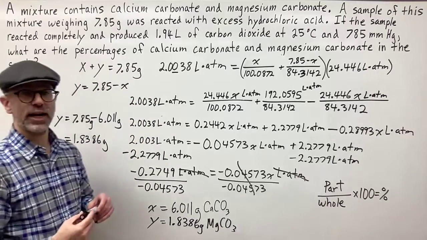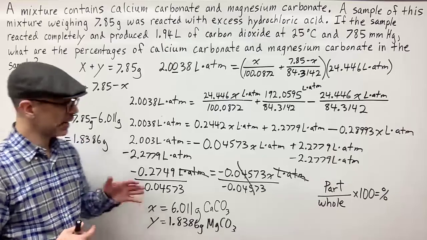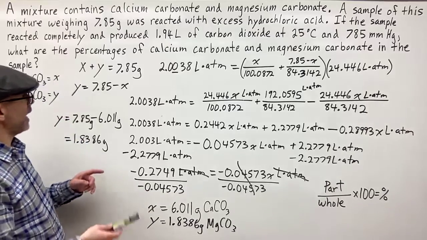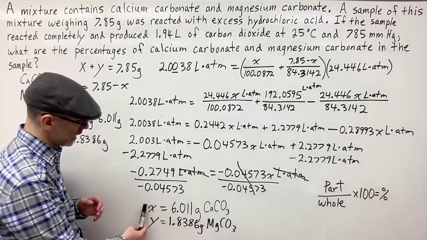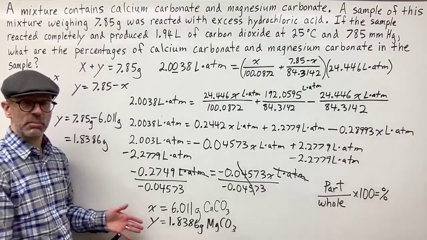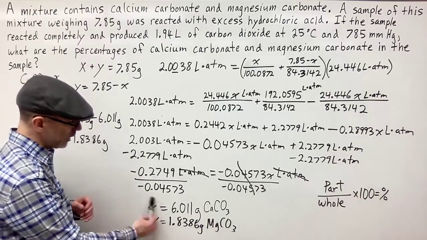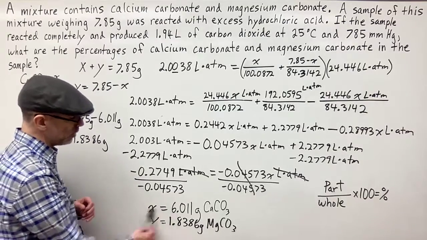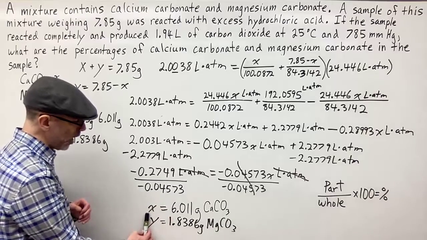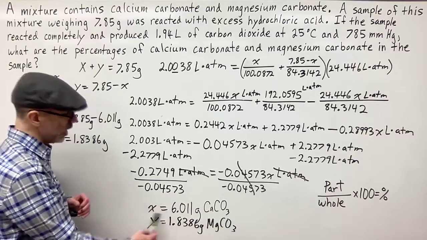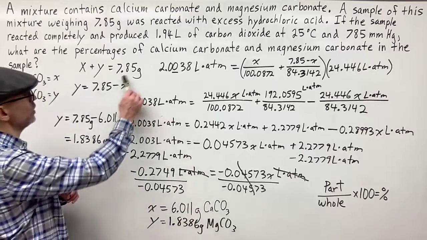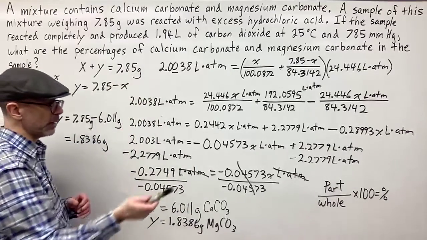So in order to find the percent by mass, we're going to take the mass of a part. So we could take the mass of x or y, it doesn't matter which one we start with, and divide that by the whole, which is 7.85 grams, multiplied by 100.